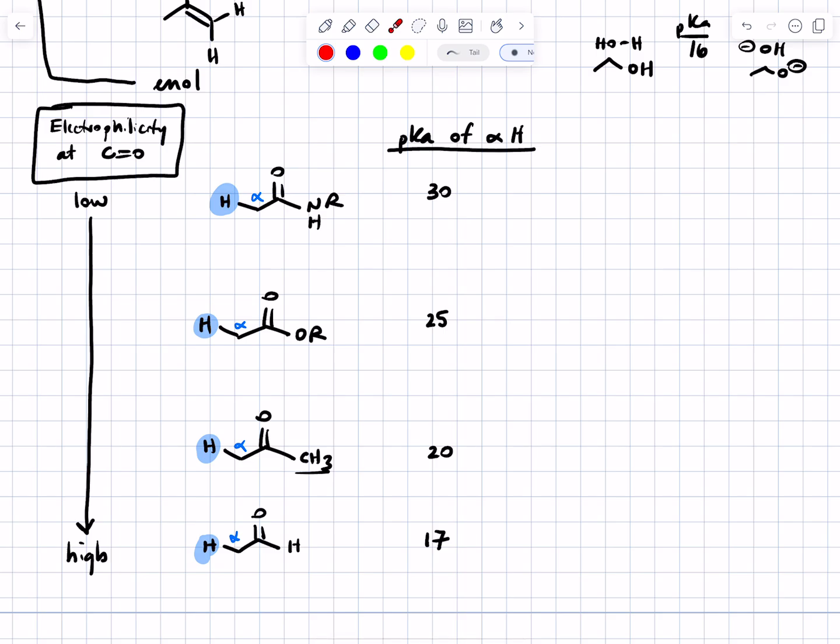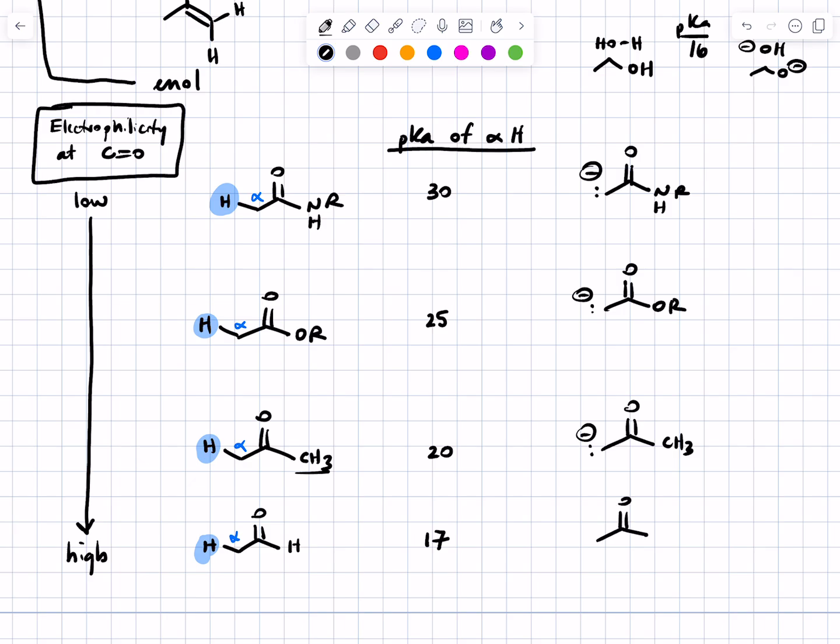Okay, and we can also, if you want, we won't spend hardly any time on this today, but you can draw the conjugate base, the enolate, of all of these carbonyl compounds and see if you can convince yourself that the presence of this group on the right-hand side is going to affect how stable the negatively charged alpha carbon is.